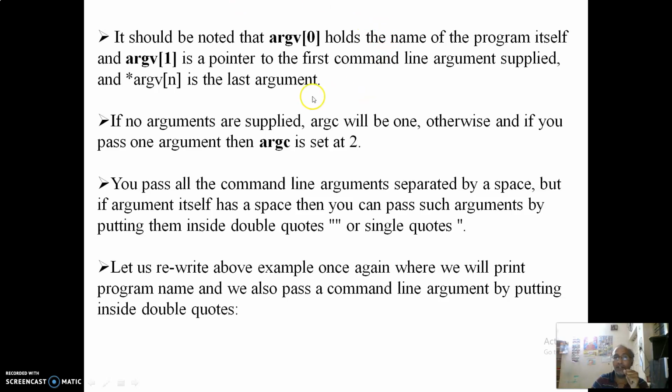If you pass one argument, then argc is set at 2. You pass all the command line arguments separated by space, but if the argument itself has a space, then you can pass such arguments by putting them inside double quotes or single quotes.